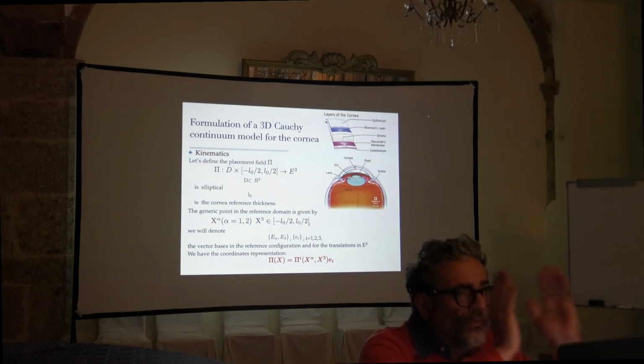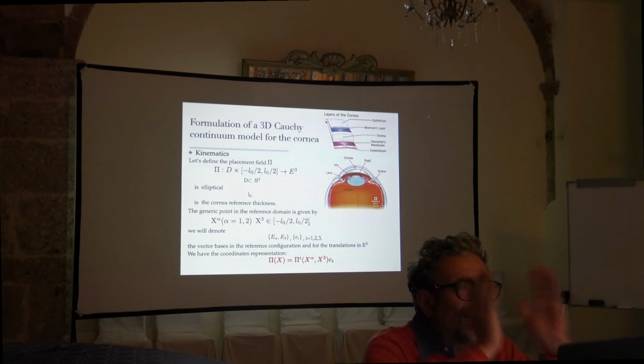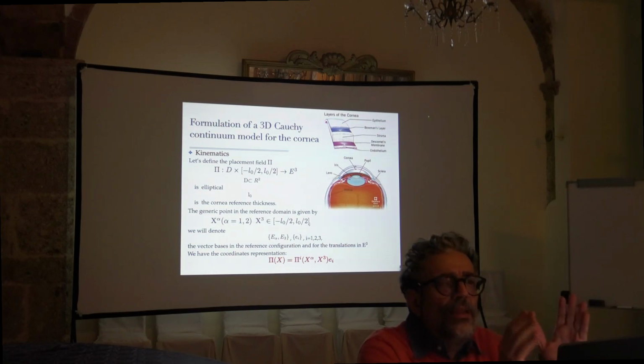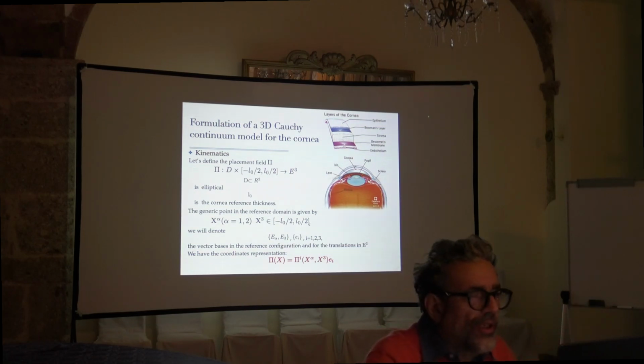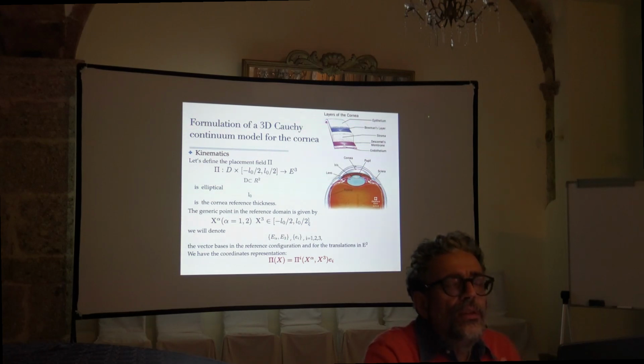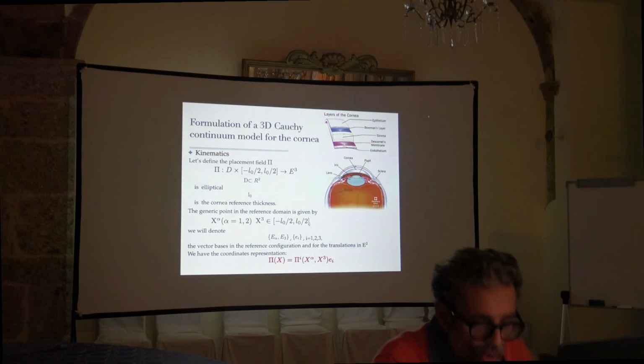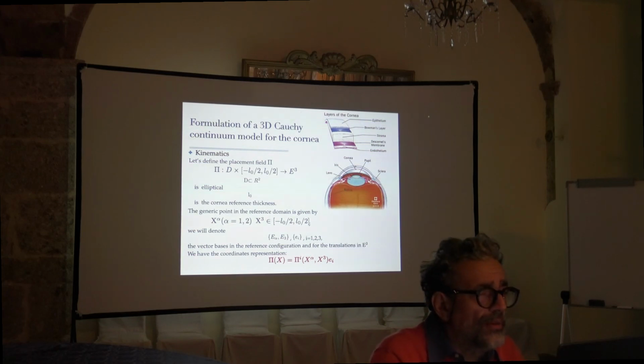So the window of light which we can see depends on the structure of stroma. Okay, now if you try to model a cornea with a 3D continuum, the numerical simulations become so long that with actual tools you cannot do it in an efficient way.